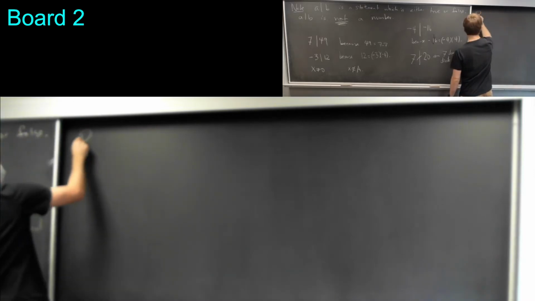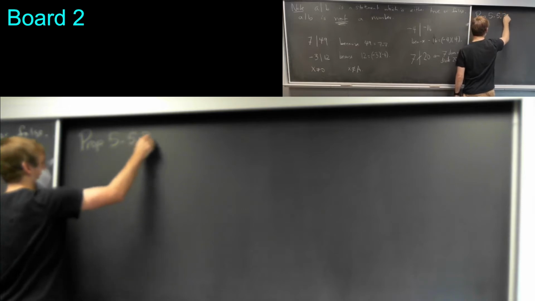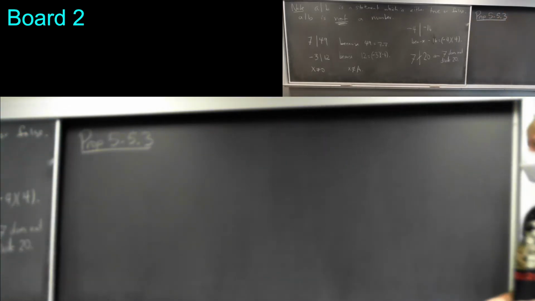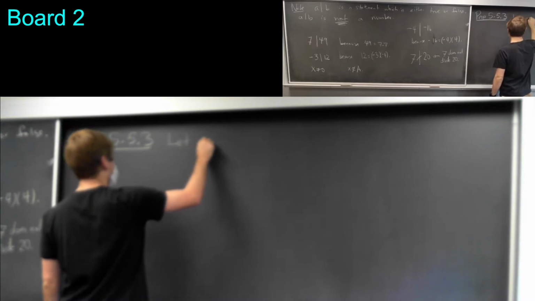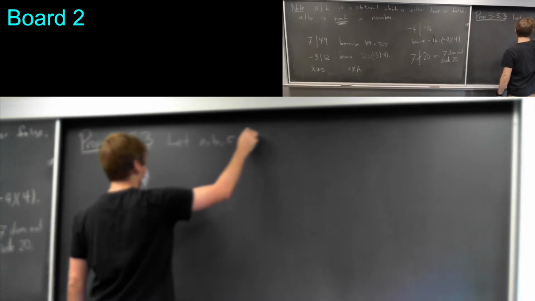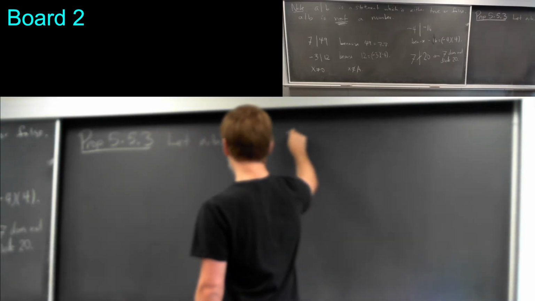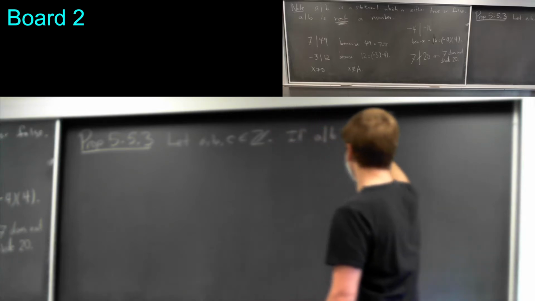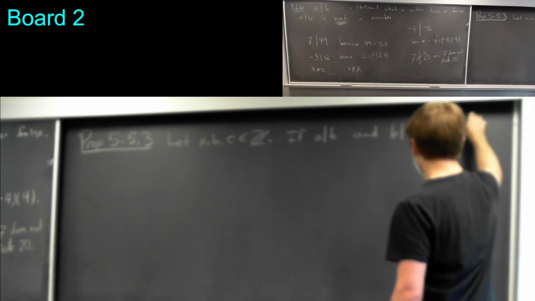So let's see how you can prove things about this divides thing. I'm going to let a, b, and c be integers. And I claim that if a divides b and b divides c, then a divides c.